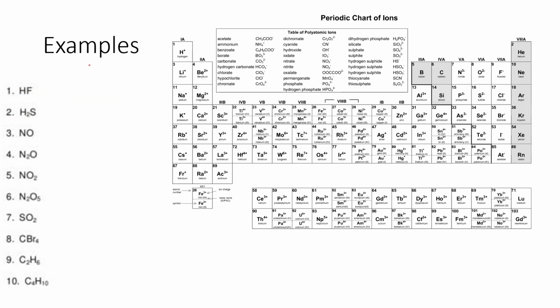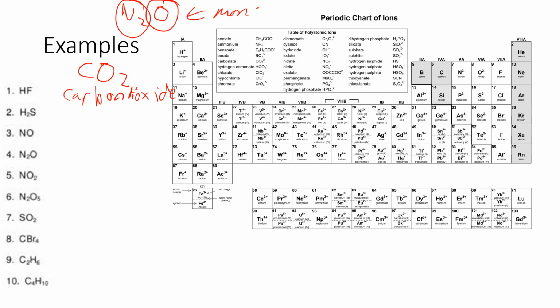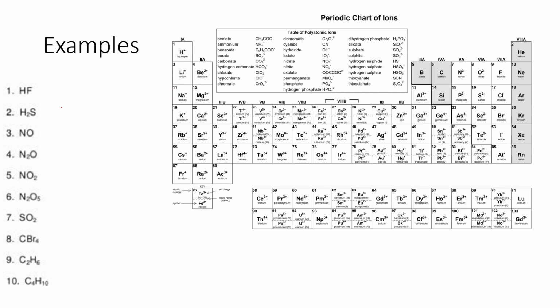We call this carbon dioxide. We just drop the mono. Now if it's the second element that only has 1, we still keep it. So for example, dinitrogen monoxide. We still keep the mono if it's the second element, but if it's the first element, we drop it. So this dinitrogen monoxide, we covered that.